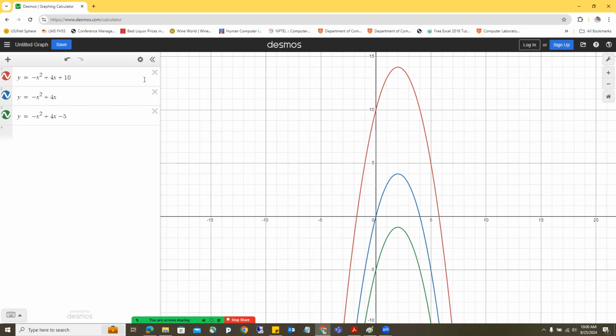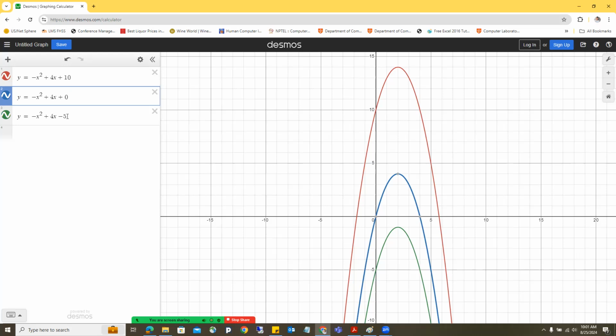So if we draw this first one, minus x squared plus 4x plus 10, this has the maximum value. Here we actually have plus 0, right? Compared to the c value of 10, 10 units have been reduced. Counting 1, 2, 3, 4, 5, 6, 7, 8, 9, 10, from the red one to the blue one, 10 units have been reduced.